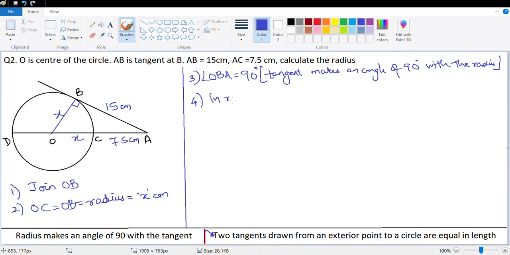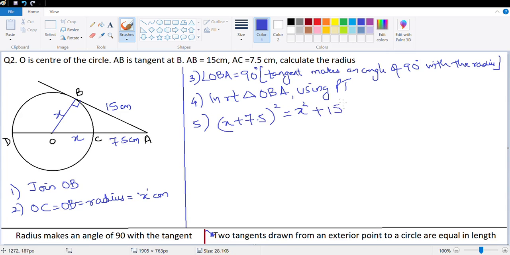Now in right triangle OBA using Pythagoras theorem, what I get is (x plus 7.5) square is equal to x square plus 15 square. Correct, my substitution is fine.